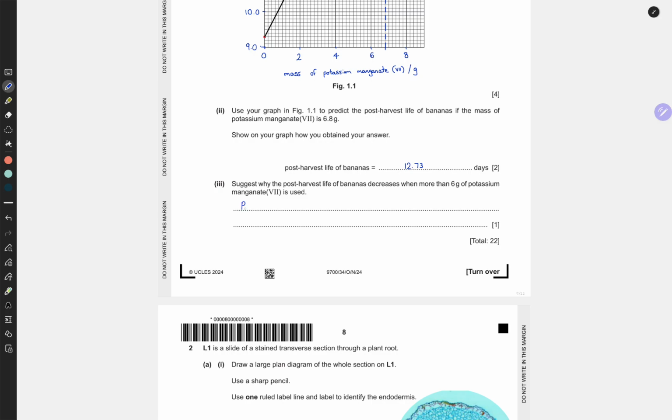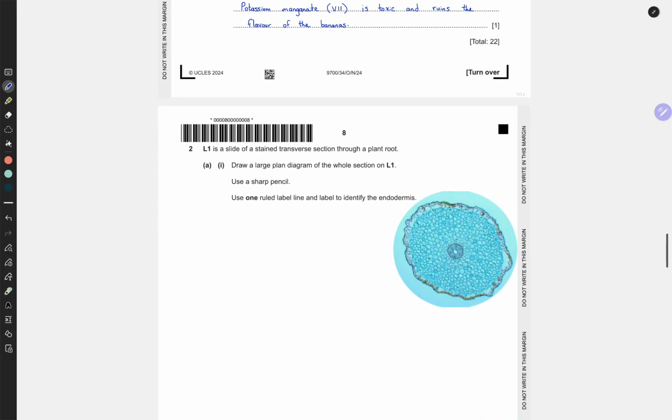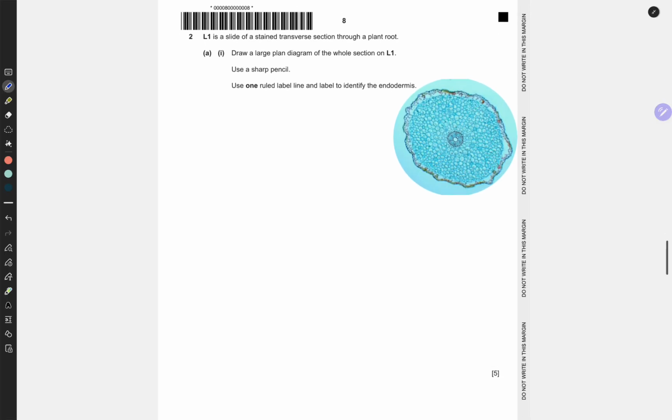That's it for question 1. Now for question 2, L1 is a slide of a stained transverse section through a plant root.